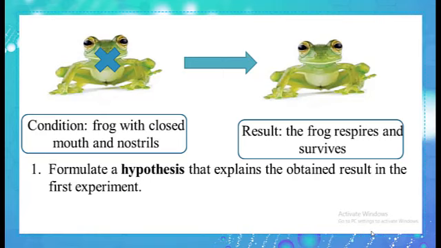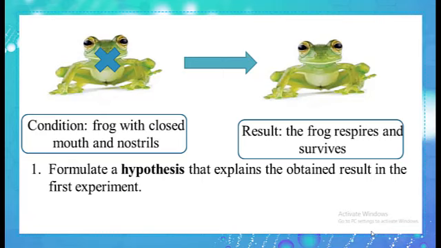Now, number 1: formulate a hypothesis that explains the obtained result in the first experiment. How can I answer such questions? Now, we want to formulate a hypothesis. This hypothesis should explain the result, meaning it should explain why the frog still respires and survives normally.